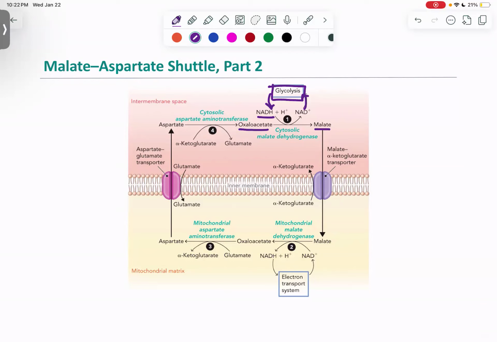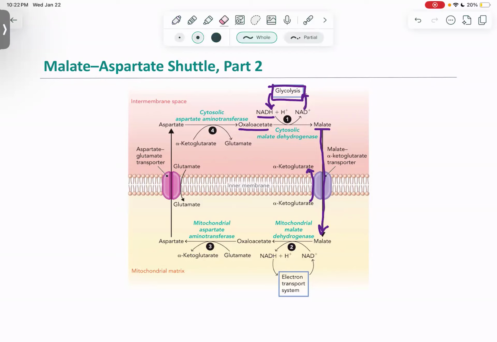Now, there's a transporter that will transport a malate molecule in at the same time that it transports an alpha ketoglutarate out. So that malate is what's carrying our electrons. This is why we call it the malate aspartate shuttle. It's what's being transported in and out of the mitochondria. So malate is going in.